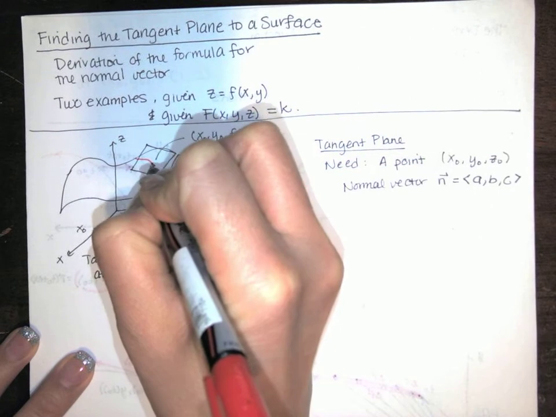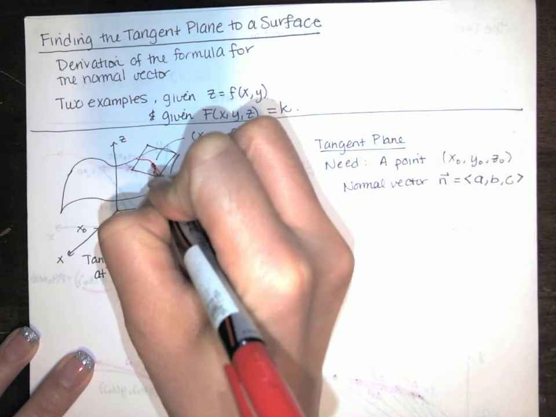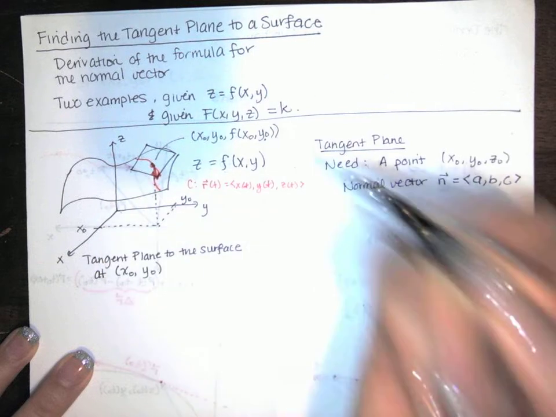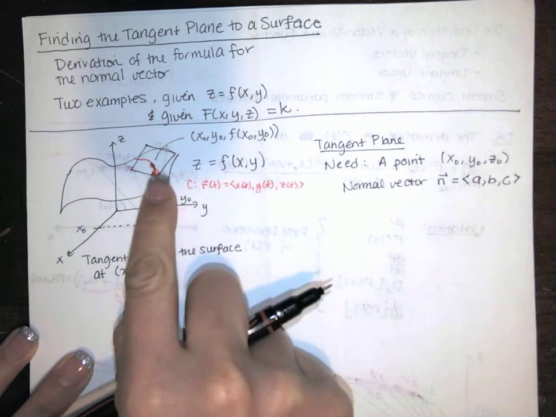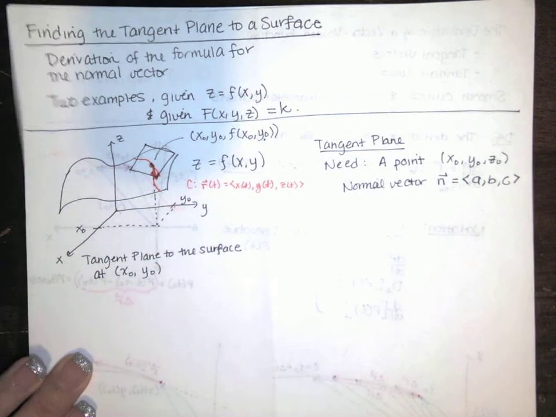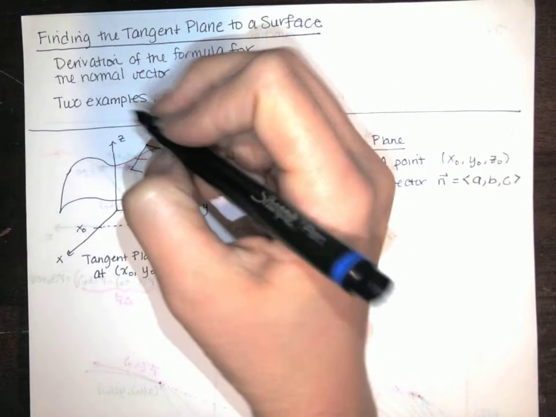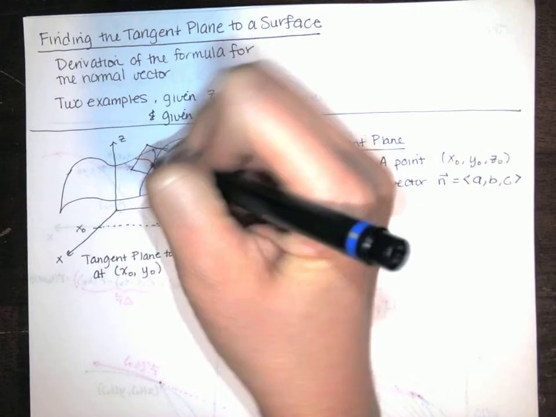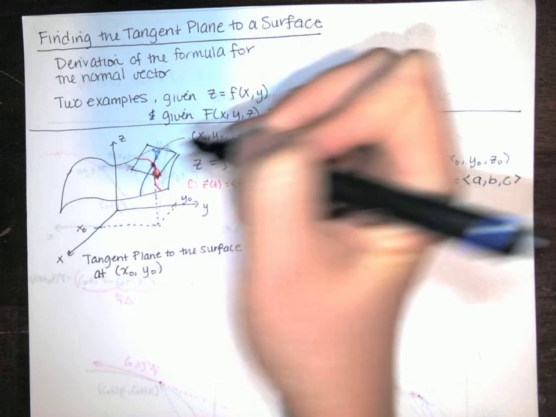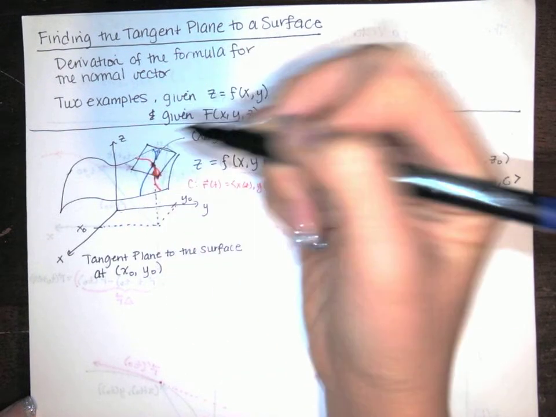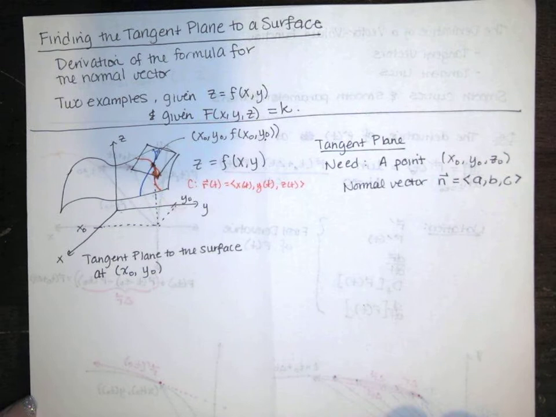And at this point, x naught, y naught, z naught, it's going to have a tangent vector. It's pointing in the direction of motion along that curve. We want the plane that contains that tangent vector. And we want the plane that contains the tangent vector for this other path too. Maybe I'm on that path. At that point, the tangent vector would be this. So I need a plane that contains all the tangent vectors.